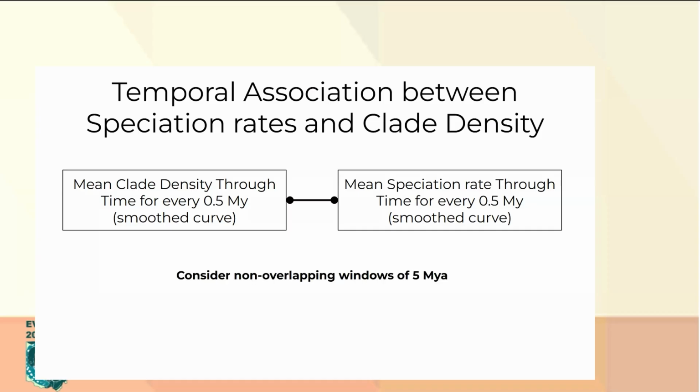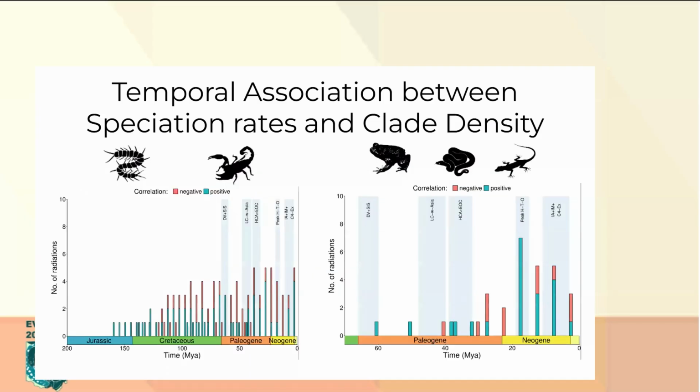I considered non-overlapping windows of 5 million years and computed the Pearson correlation for each of those windows, right? What I found is that for the chordates, the temporal association between speciation rates and clade density increases gradually towards the present. It was the time of the onset of monsoon seasonality and intensified aridification, when many radiations showed a high association between speciation rates and clade density.